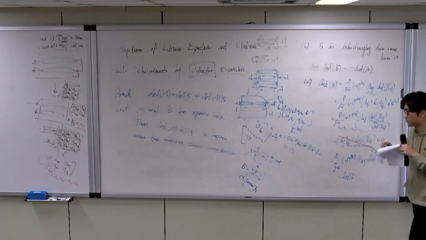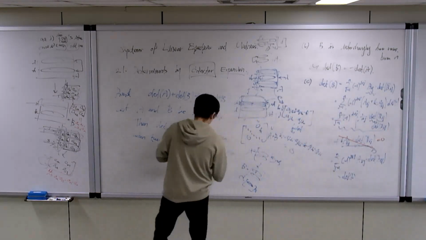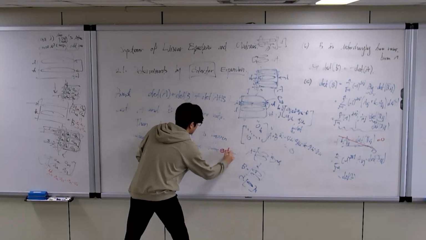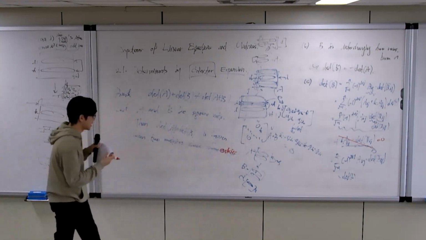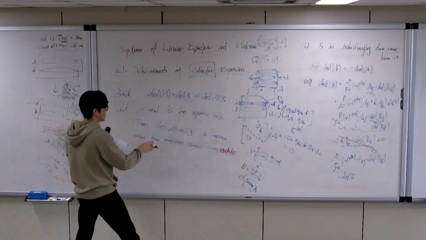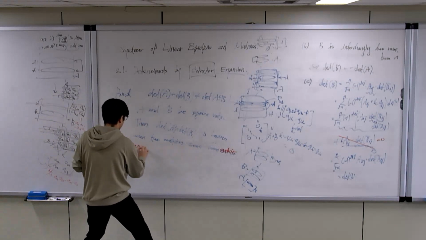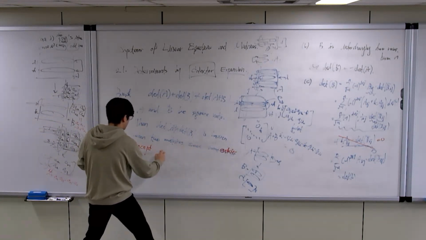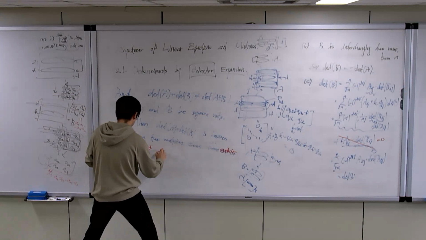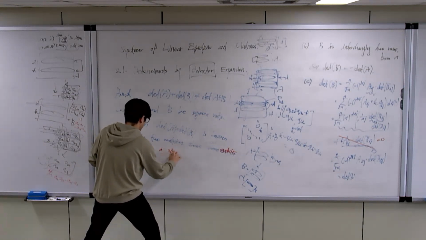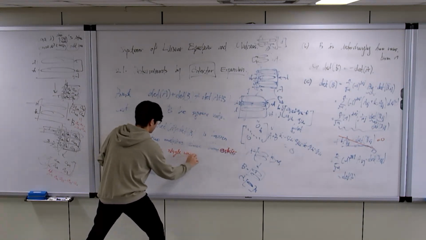I will use the red one. Two matrices share the same entries except for a single row or column.